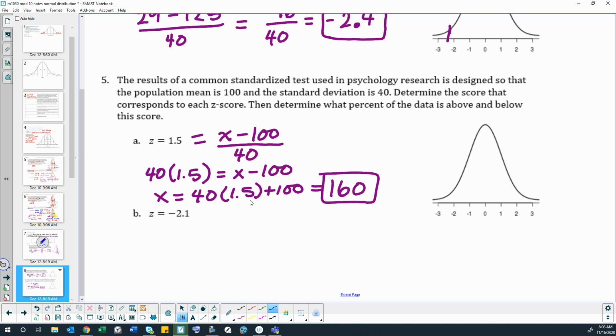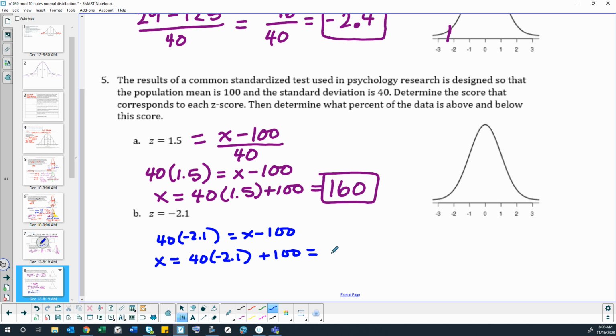We're just going to take 40 times the z-score, which is negative 2.1, and that's going to be x minus 100, right? Since we're using the same set of data, it's going to follow the same procedure: standard deviation is the same number, mean is the same number. So I could have just written it out with the plus instead. So 40 times negative 2.1, and then we're adding 100 to that. So let's see what we get.